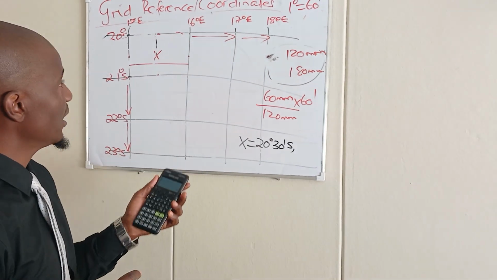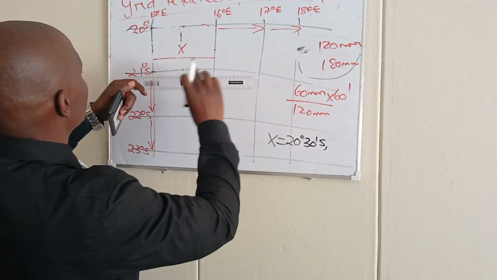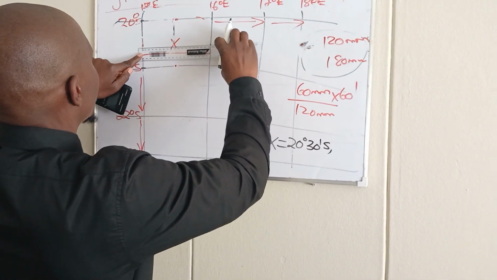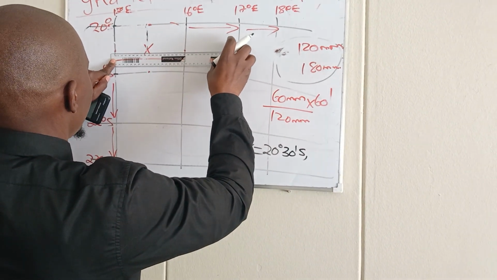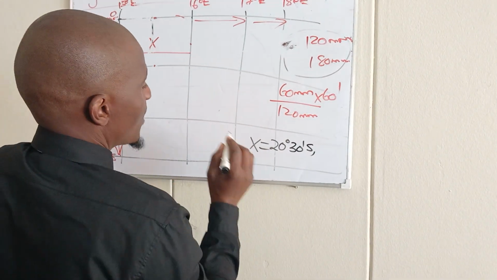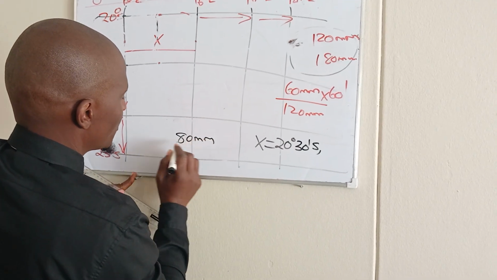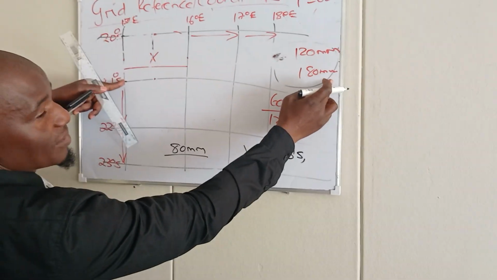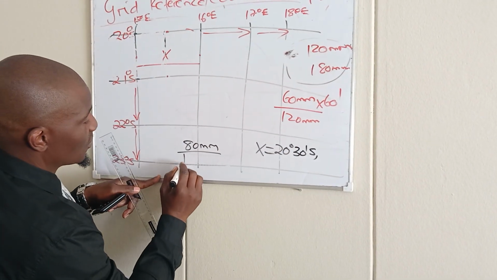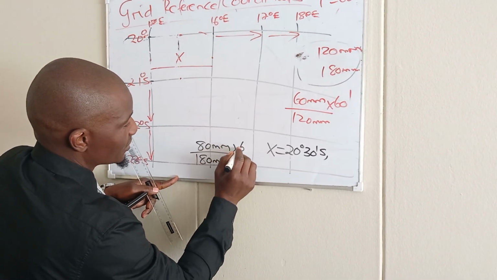I'm going to do the same thing in relation also to my longitude. I'm going to measure from here up to my x. I have something like, I would say 80. Okay, so I now have 80 millimeters over, remember I said from here up to there I've got something like 180 millimeters, multiplied by 60 minutes.